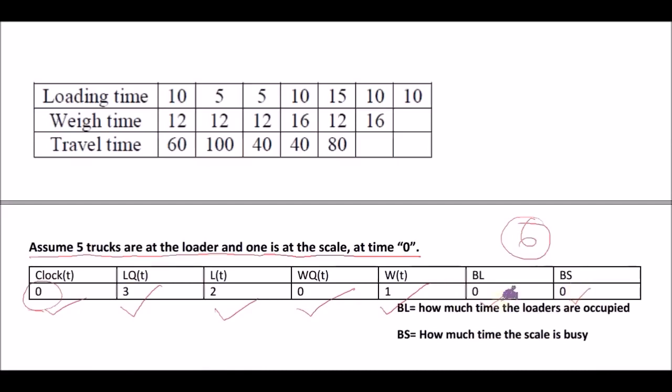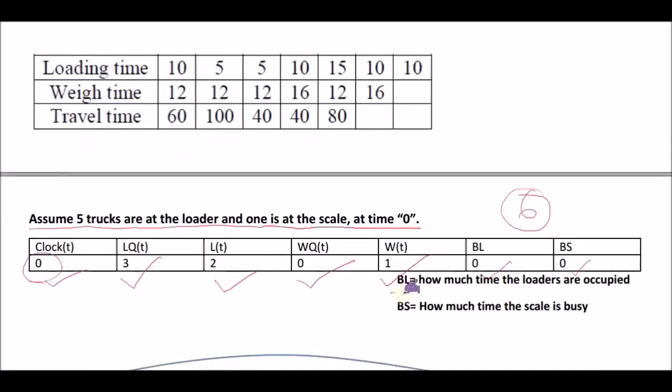BL indicates how much time the loaders are occupied, and BS represents how much time the scale is busy, in minutes, I think, would be appropriate. BL and BS are going to be cumulative, because after this, when it's say clock 10, you have to account all the cumulative time that has occurred till time instance 10.